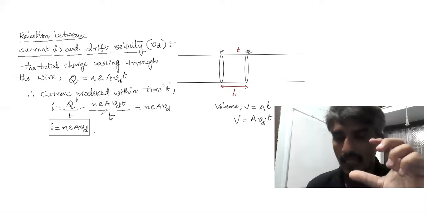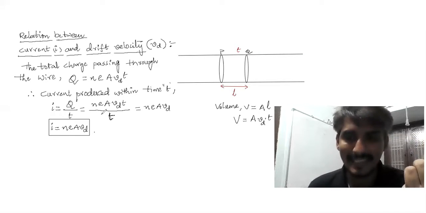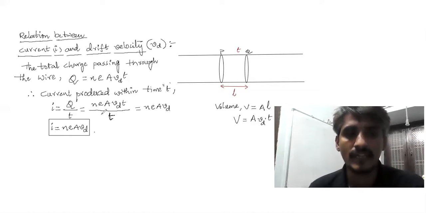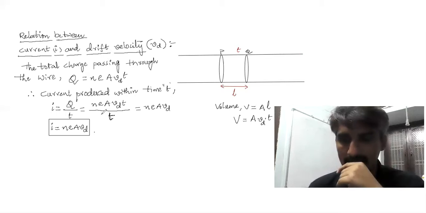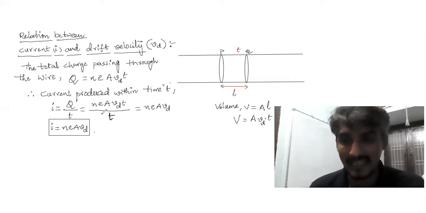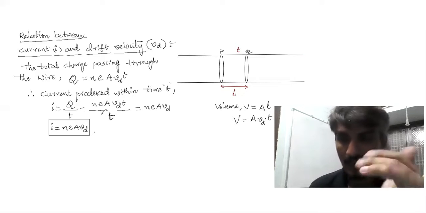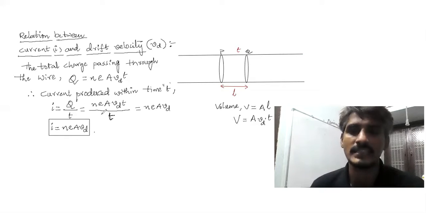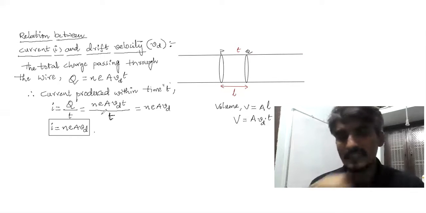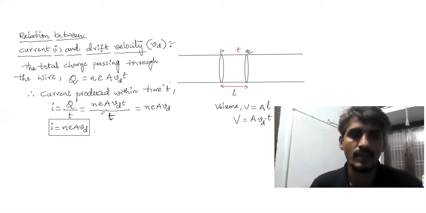Now if we increase that, potential difference V increases. If V increases, then automatically current also increases. How? If V increases, then E, the electric field, increases first. If E increases, Vd increases. If Vd increases, then current increases. There is an interrelation between all these terms.